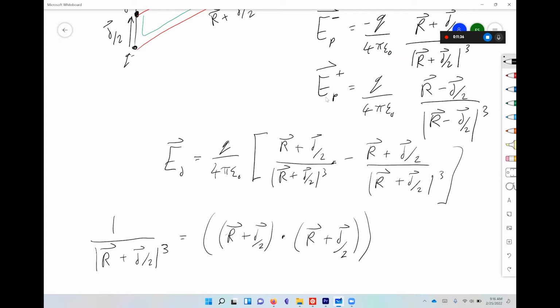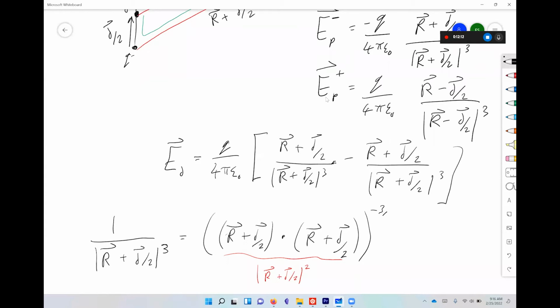Those two terms give me the magnitude squared of R plus d over 2, right? The dot product of a vector with itself is the magnitude squared of that vector. But I want to get 1 over the square root, cubed. So this needs to be raised to the power 1/2 to get the square root, and then powered with minus 3, so it's going to be minus 3 over 2.